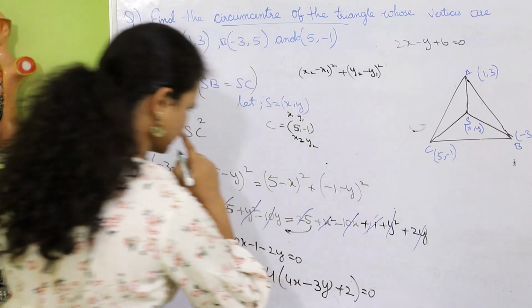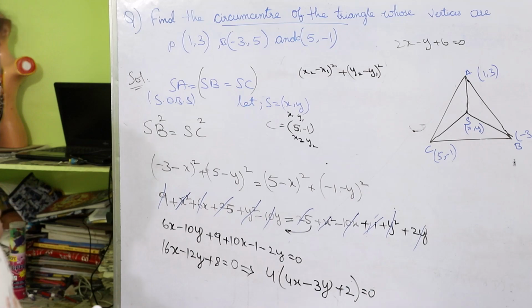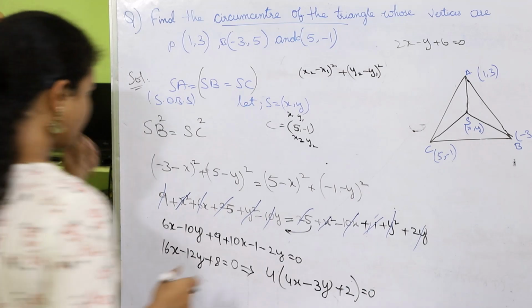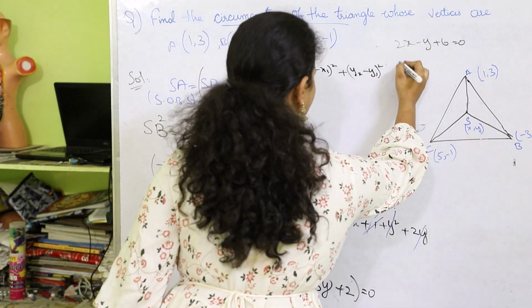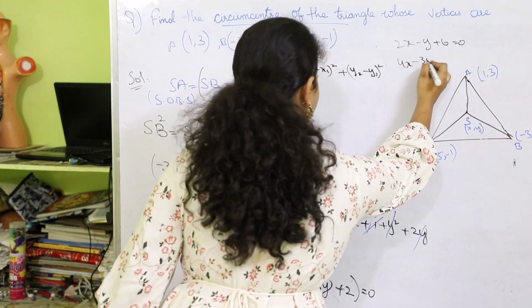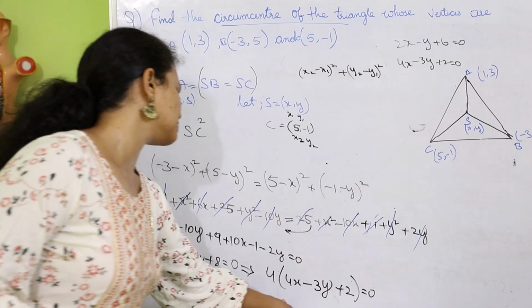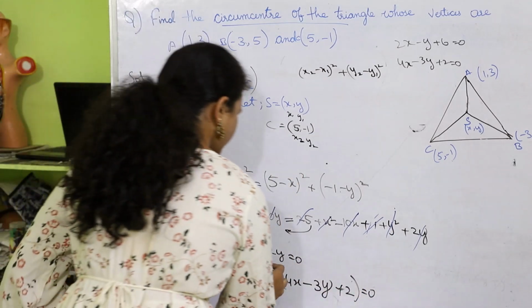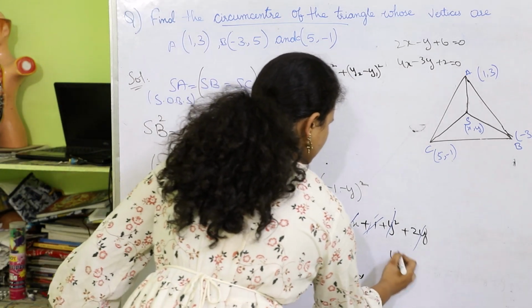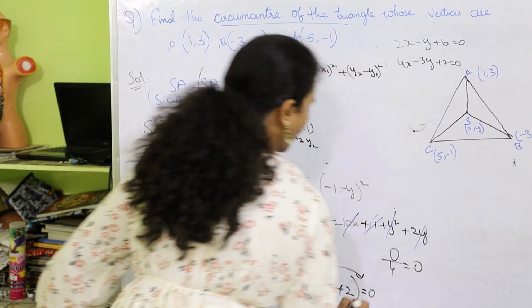This is the second equation that we got. Clear guys? Now, the second equation is 4x minus 3y plus 2 is equal to 0. So here I am not considering 4 because I am transposing this 4 to the other side. Transpose this 4 to the other side, this becomes 0 by 4, which is always 0. Are you getting it?